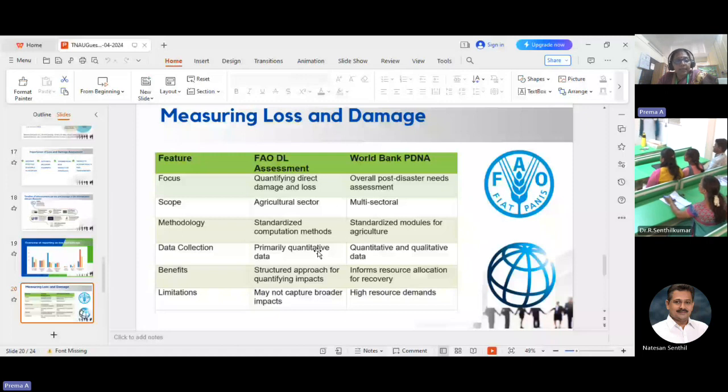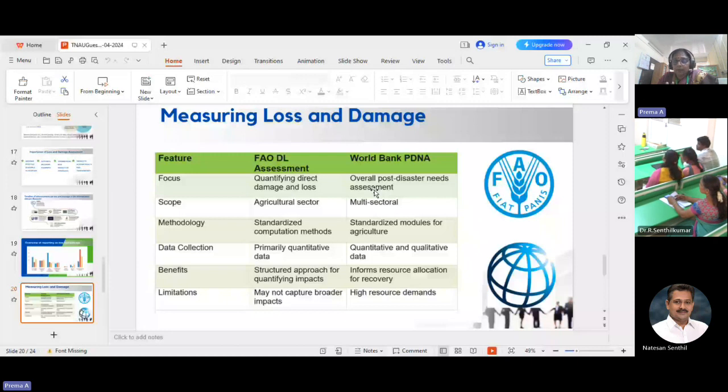The focus is different. In the FAO, it is quantifying the direct damage and losses, like what we do in agricultural loss assessment. Whereas the PDNA focuses on the overall post-disaster need assessment.